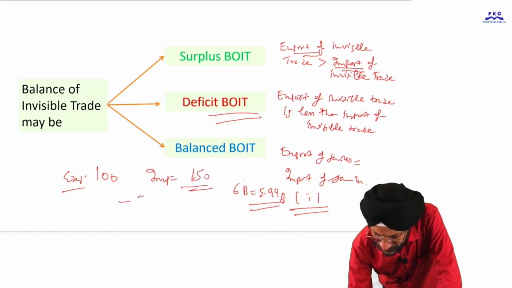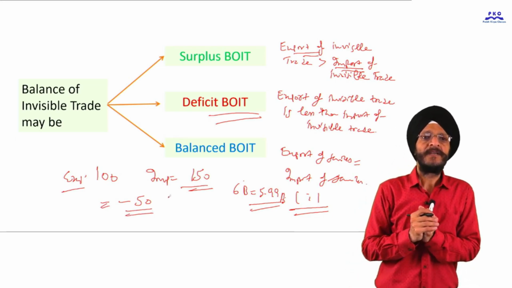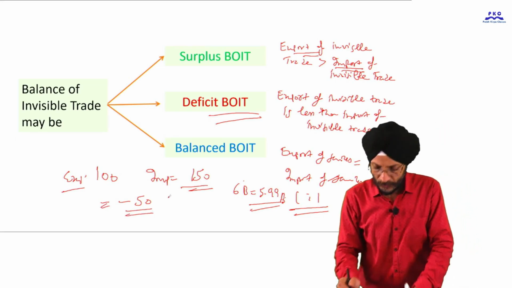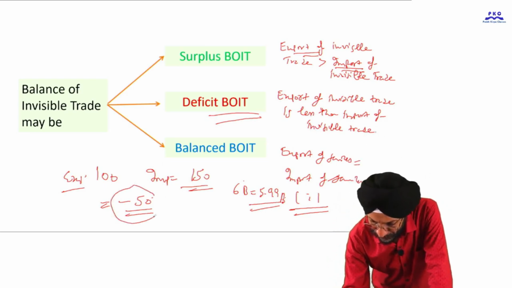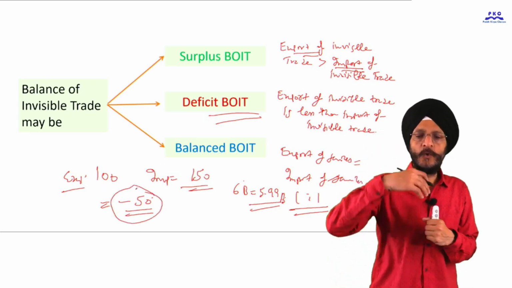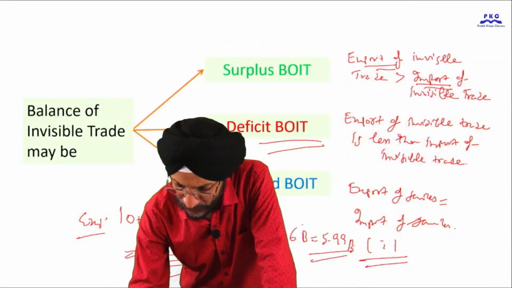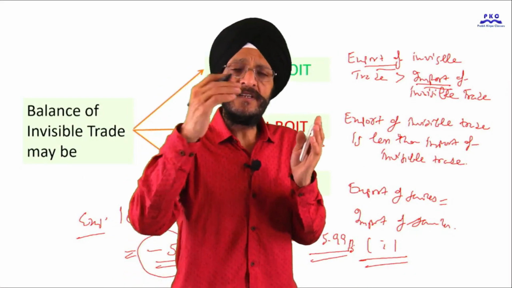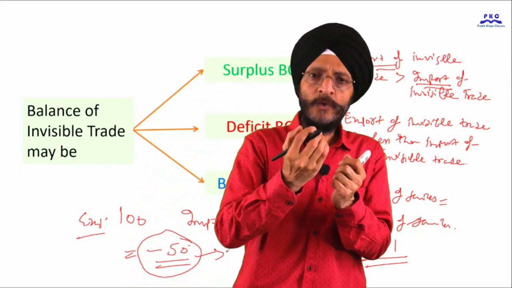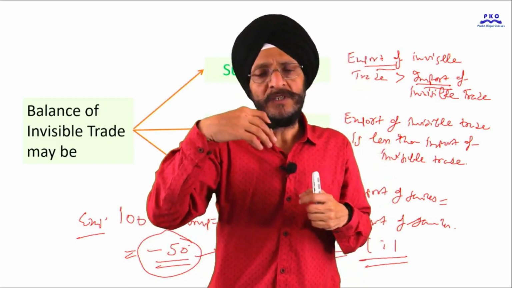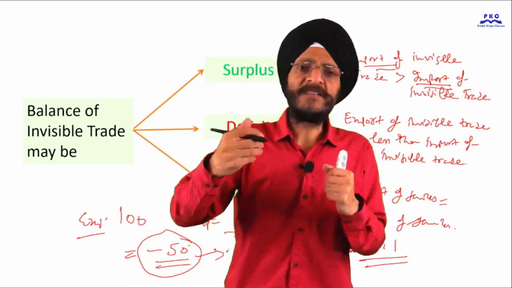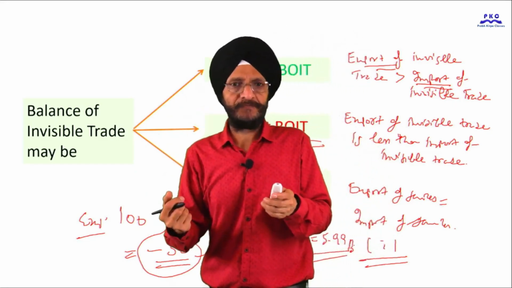So what is the difference? Minus 50. This is deficit balance of invisible trade. So it will have to pay 50 to the rest of the world. So to pay 50 to the rest of the world, either the country will have to borrow or it will have to sell its assets or use some other means.